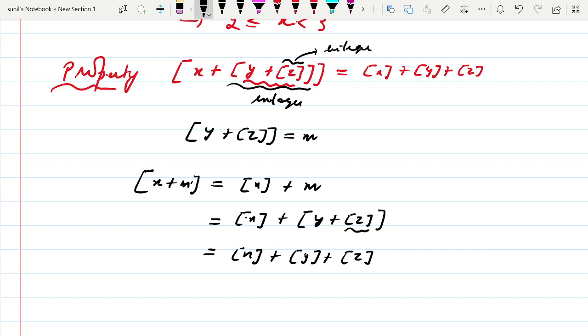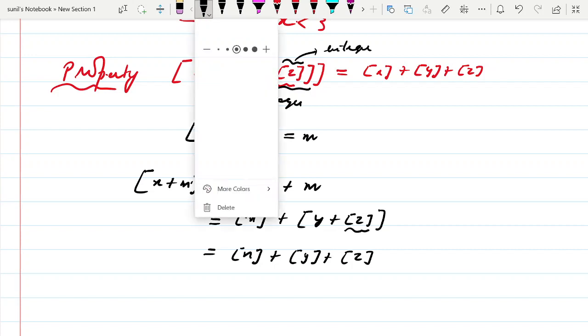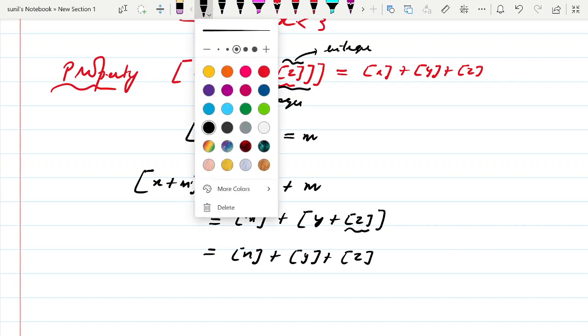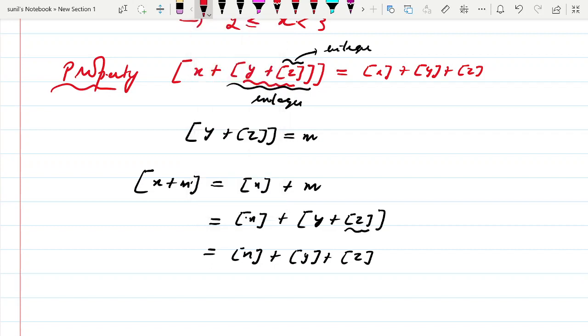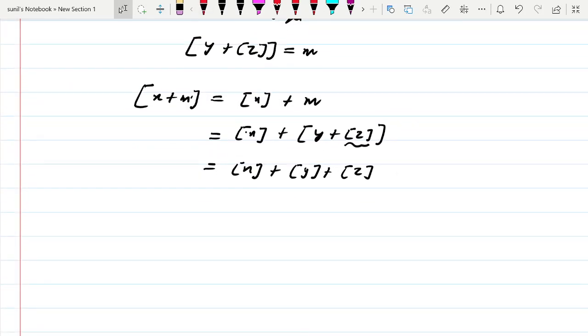Now we have a question based on this property as well. I'm solving one question based on this property so that you can apply it. Okay, let us simplify this.